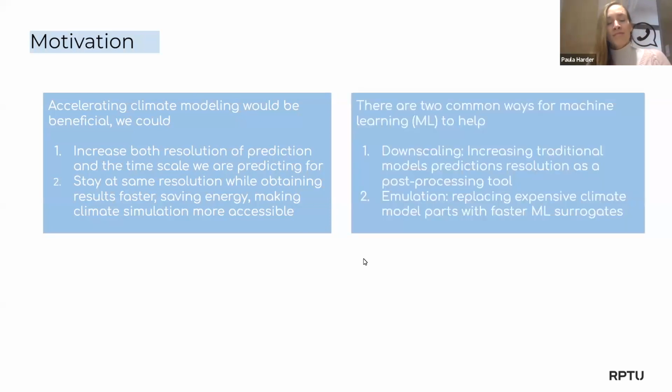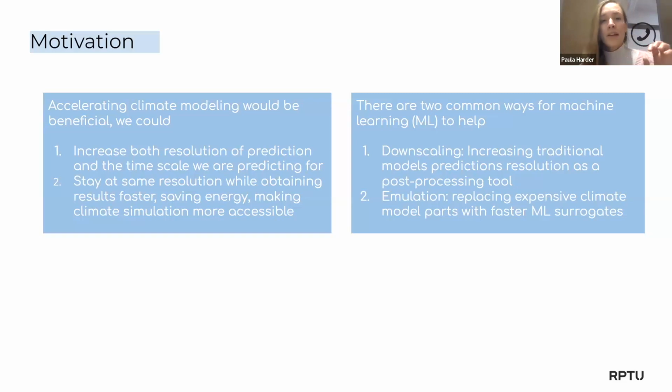You all have the background, I think, for it. There are two very common ways to use machine learning to accelerate climate modeling. One is downscaling, increasing the resolution of already existing data. It can be model or observational data, used as a post-processing tool, to save cost by running a model at lower resolution, for example, and then increasing the resolution afterwards.